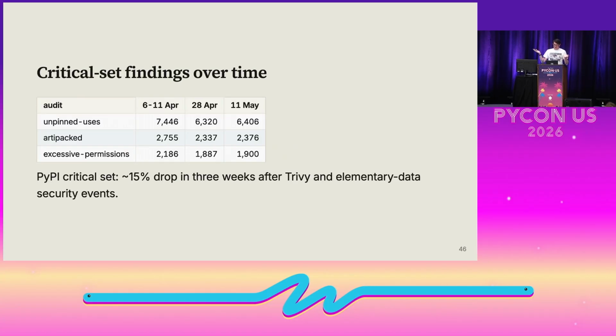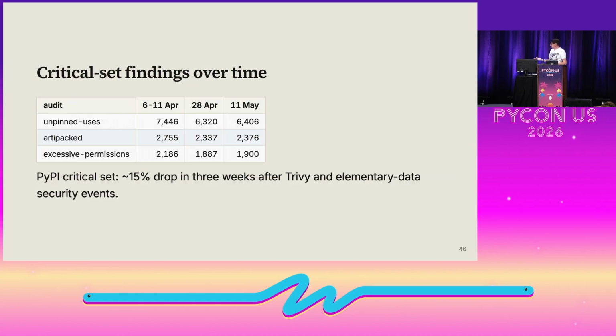And a little interesting tidbit, I originally did this mining of data back in April, and I found that after the Trivy crazy vulnerability that happened towards the middle of April, when I then went and remined some of these things, I thought, I wonder if this would actually change and move the community at all. It did.